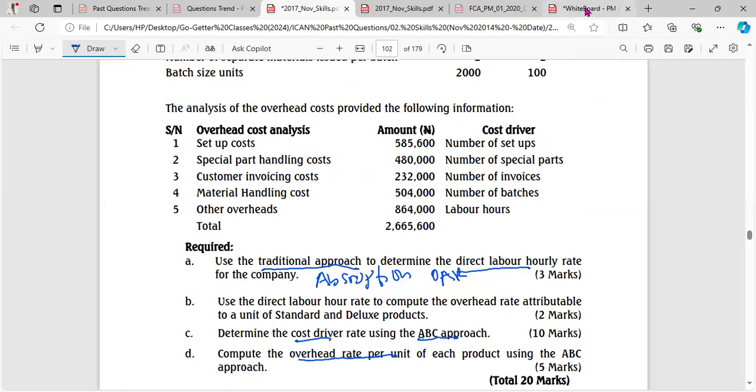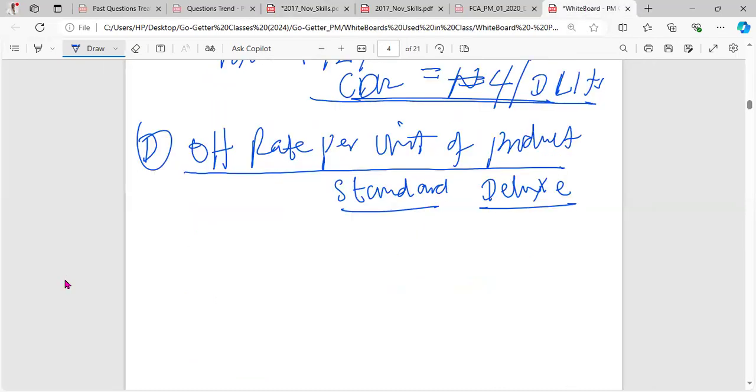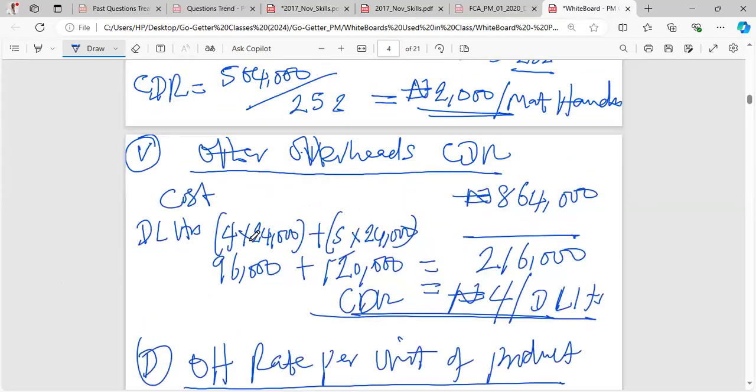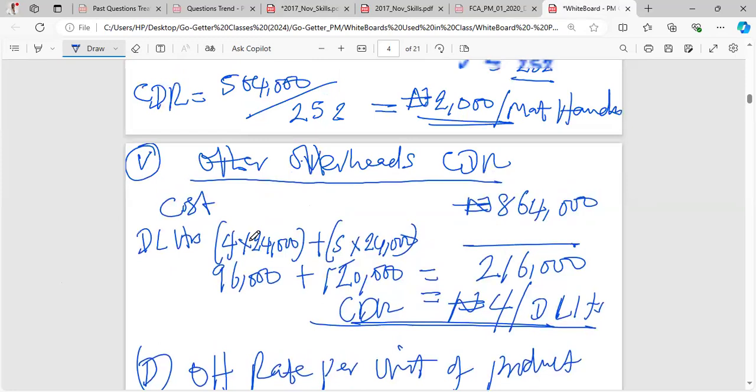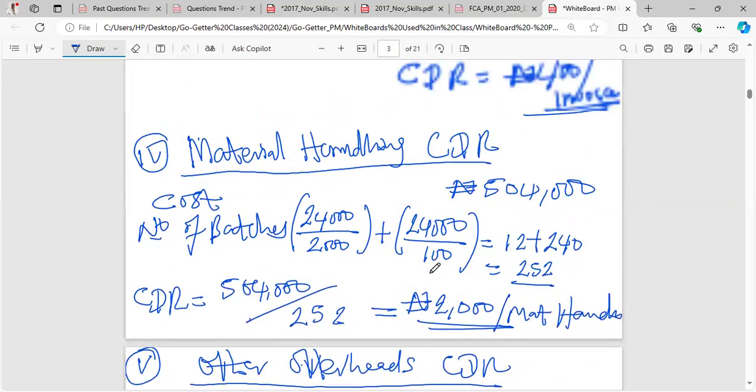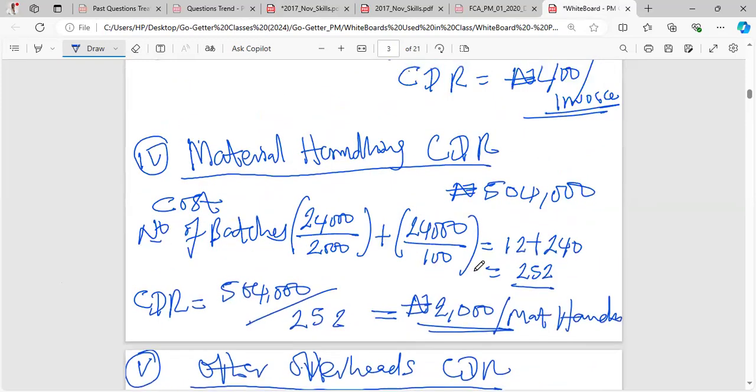Setup costs. What is their cost driver rate in setup costs? We have 2 per special parts.